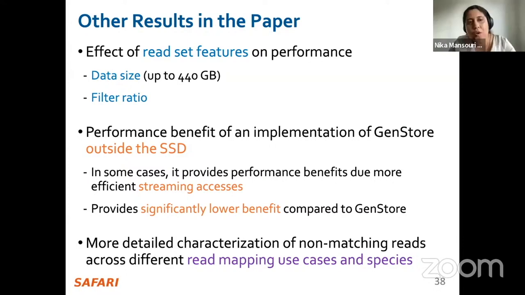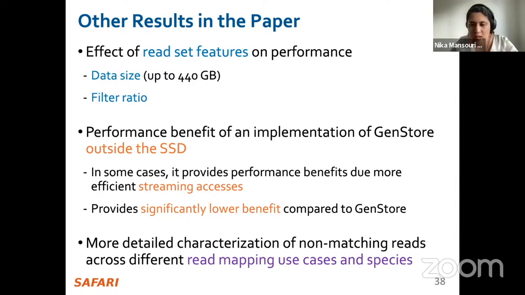For software baselines, we assume this is running on the CPU. And for hardware baselines, we assume that GenStore hardware components are running in a hardware accelerator working in parallel with the hardware accelerator baseline. I see. Okay. Those would be interesting results for sure.